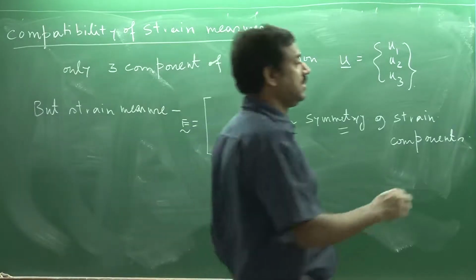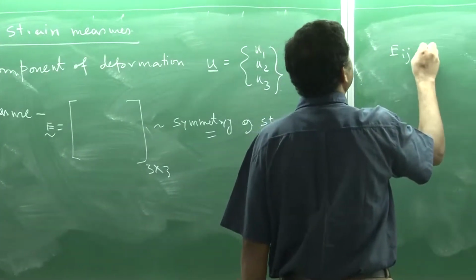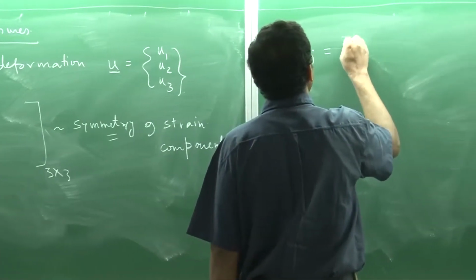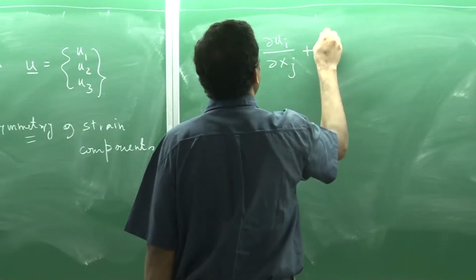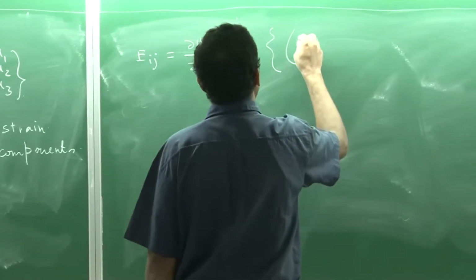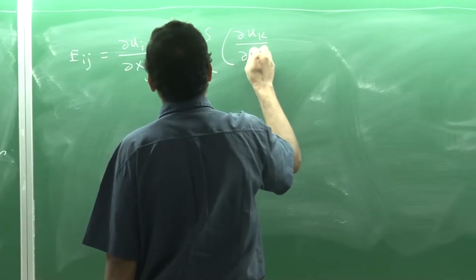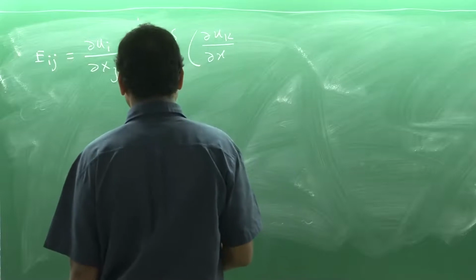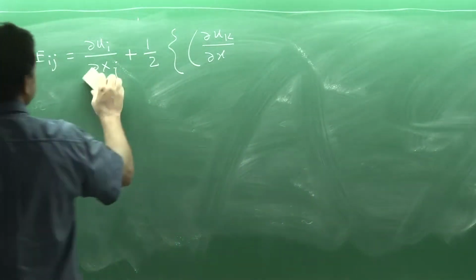If you can recall, Eij was what? Eij was del Ui del Xj plus half del Uk del Xi, del Uk del Xj.